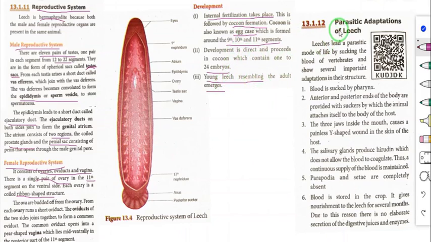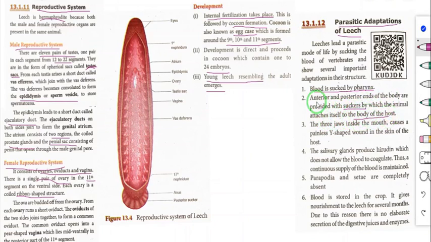The next one is parasitic adaptations of leech. Here 6 points are given. You have to learn only the points. Blood is sucked by the pharynx. With the help of the pharynx only, the leech can suck the blood from the organisms. Anterior and posterior ends of the body are provided with suckers by which the animal attaches itself to the body of the host.